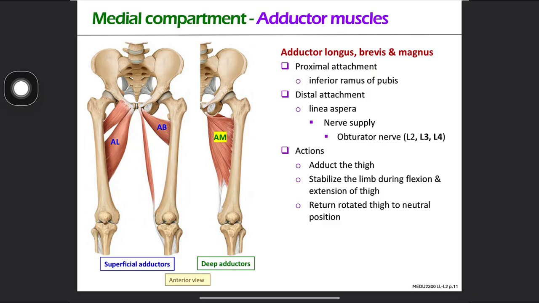So the proximal attachment sites, they are all from the inferior ramus of the pubic bones here. So the distal attachment, remember the protruded part, the ridges of the posterior femur. So now we have the linea aspera. They all attach at the distal attachment to the linea aspera at different locations.